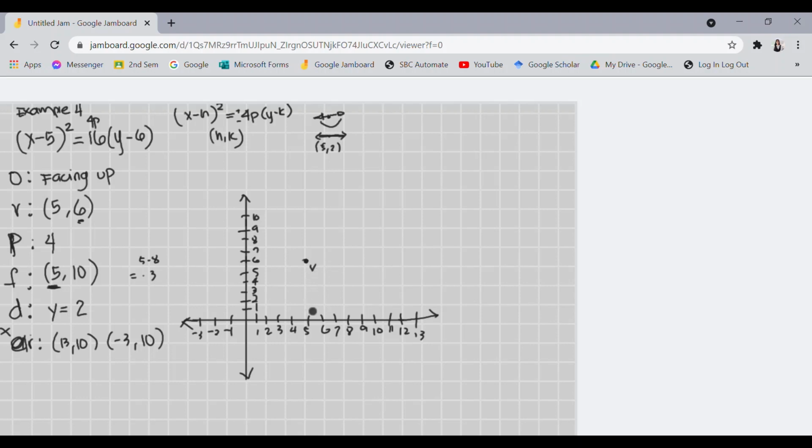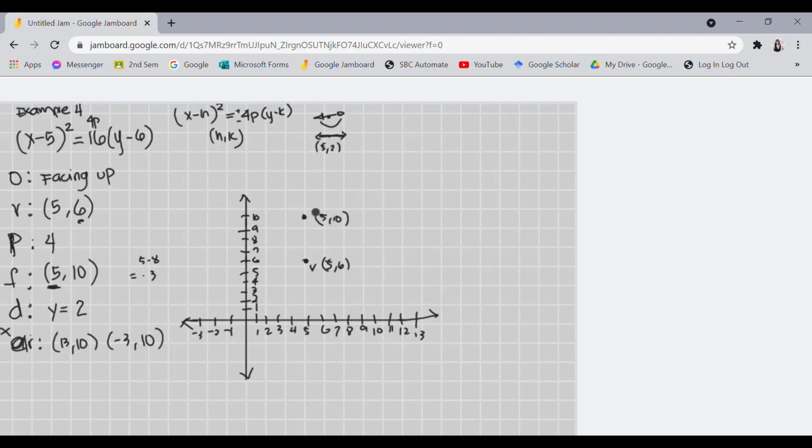And then from the vertex going to your focus, since the parabola is facing up, you are going to add 4 units up. Okay? So from (5, 6), adding 4 units will count 1, 2, 3, 4. That gives us the coordinate (5, 10).